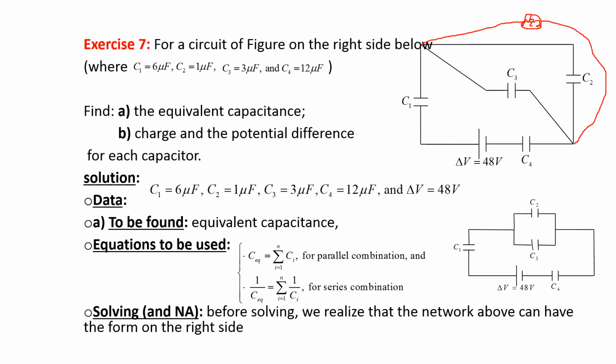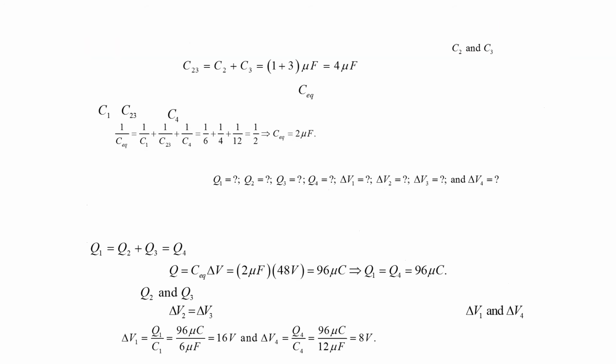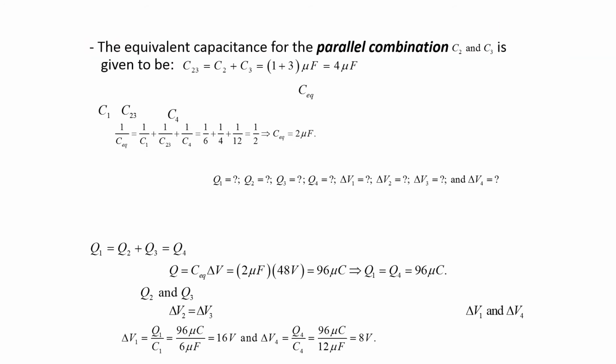In parallel connection, the equivalent capacitance is obtained by the algebraic sum of the individual capacitances. That is why the equivalent capacitance of the parallel combination of C2 and C3 is C23, which is C2 plus C3. This C23 will be in series with C1 and C4.